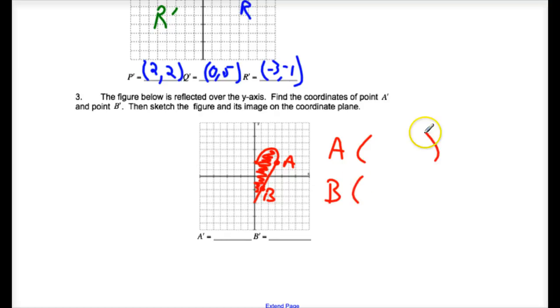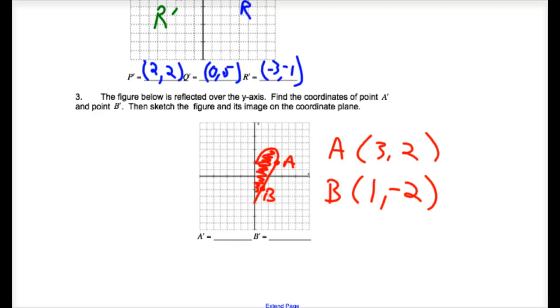Everybody label what you think points A and B are, the originals, the pre-image. What's point A? 3, 2. Point B? 1, -2. If we're going to reflect it over the y-axis, which value do we multiply by -1?